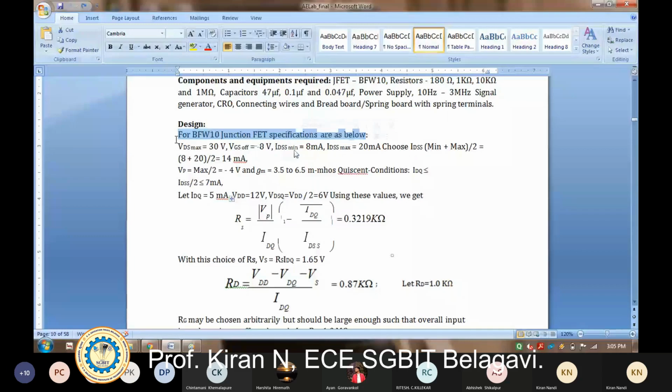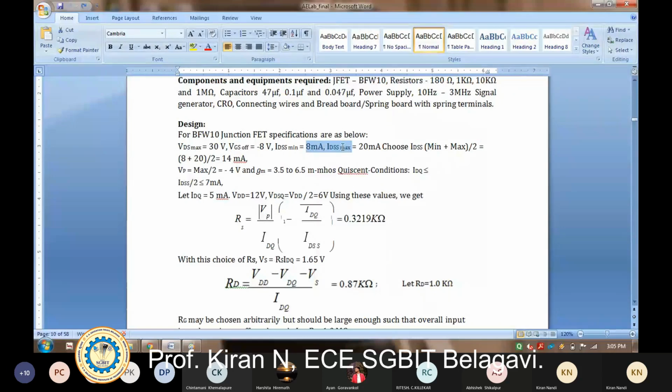So we have to choose a value here, that is IDS minimum plus IDS maximum divided by 2. So that is given here. You can see it is 8 milliampere plus 20 milliampere divided by 2.